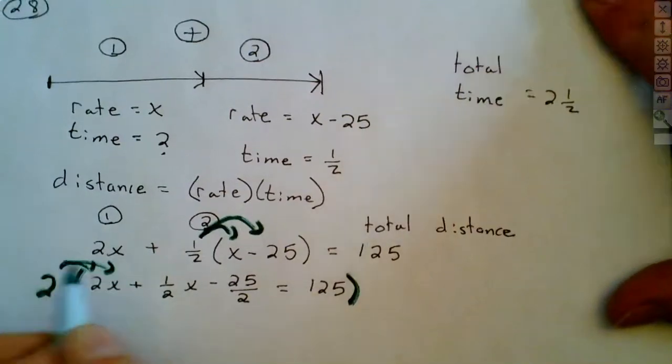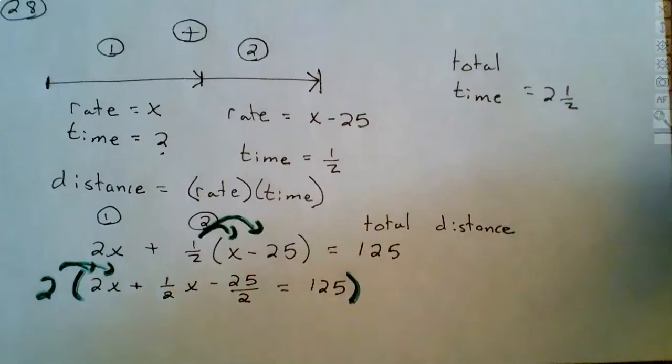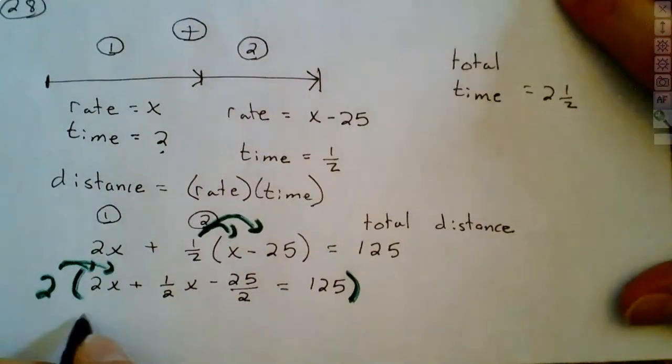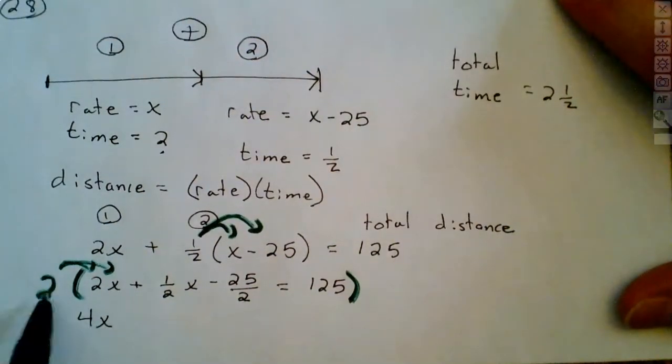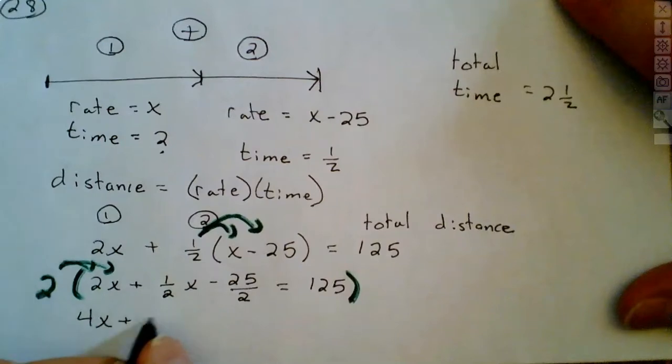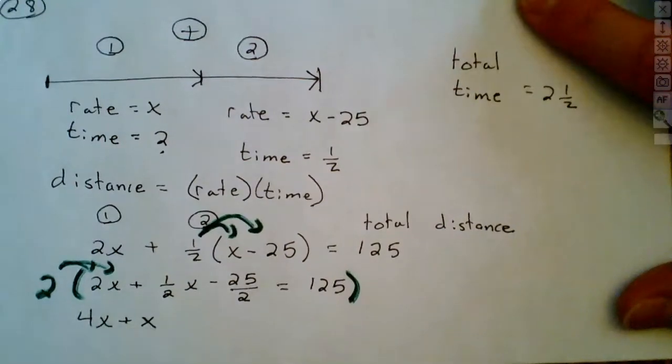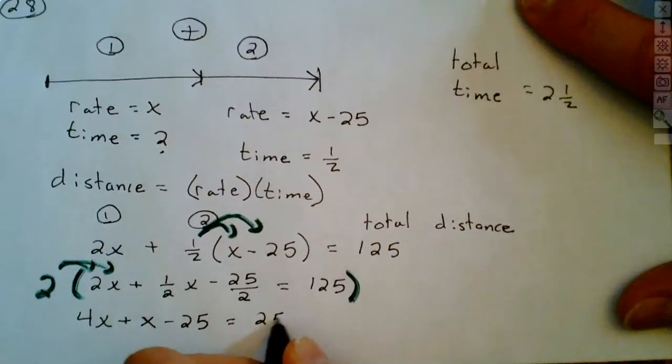So that's going to clear out all of our fractions. 2 times 2 makes it a 4x. 2 times a half is a single x. 2's cancel, leaving you with a minus 25. On the right, 2 times 125 is 250.